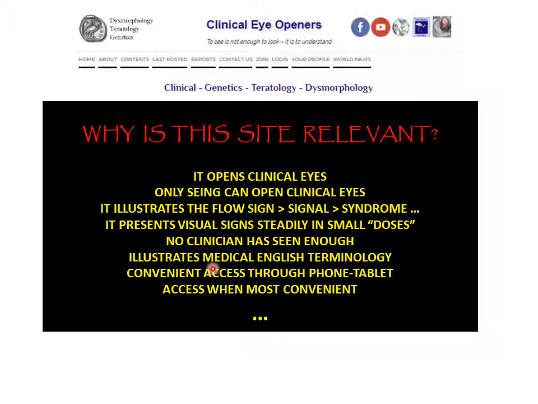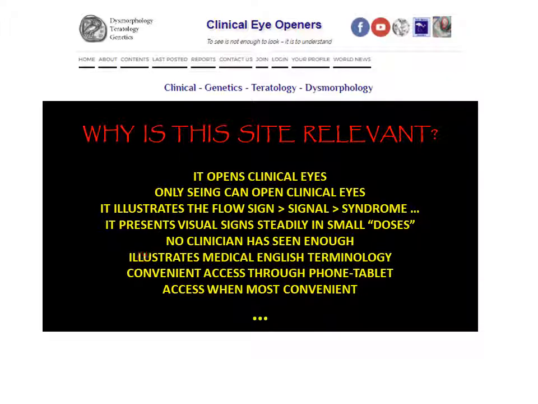And so we illustrate continuously provocative images with verbal and written communications. And that means that your chance to understand medical English terminology increases proportionally, and you will acquire concurrently medical English terminology with a sharper clinical eye.